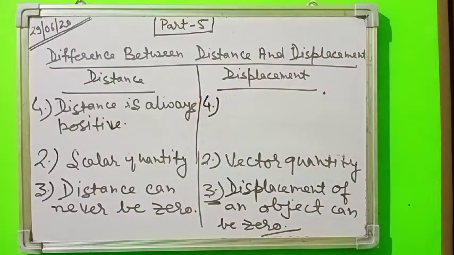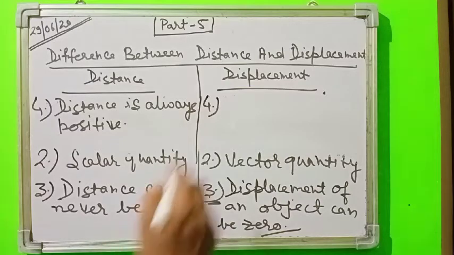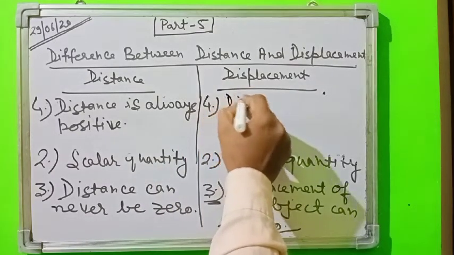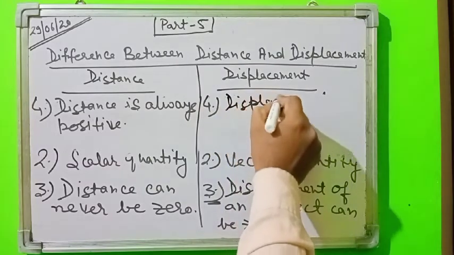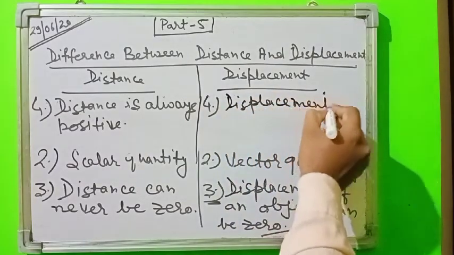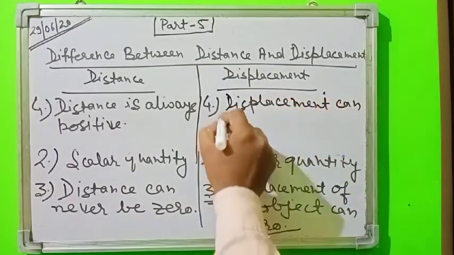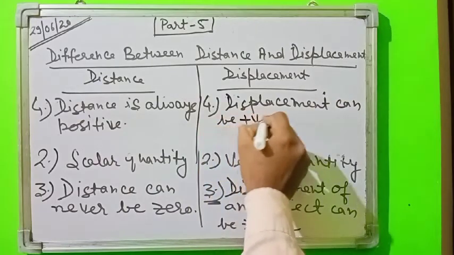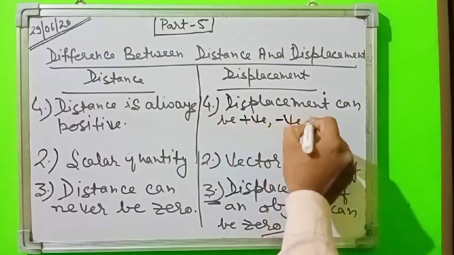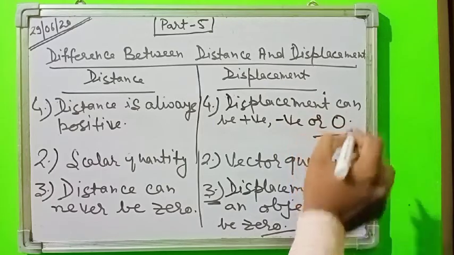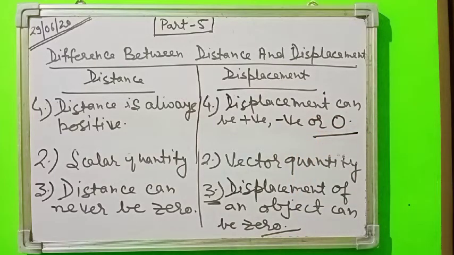Displacement can be positive, negative and zero. We had discussed it. Displacement can be positive, negative, or zero.